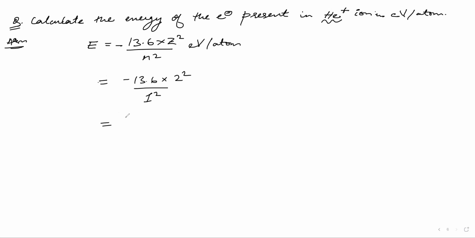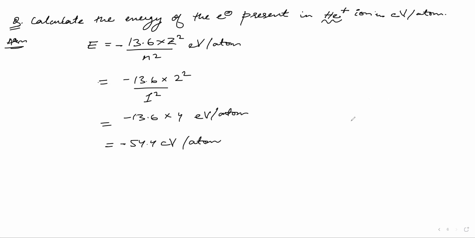So minus 13.6 into 4 electron volts per atom. This will be equal to minus 54.4 electron volts per atom. The minus shows attraction.